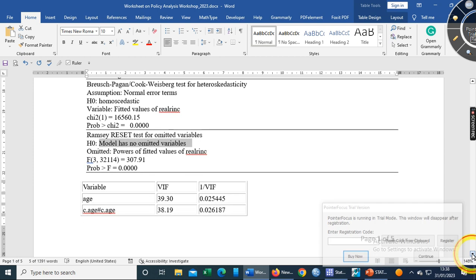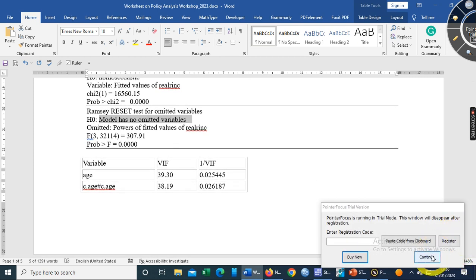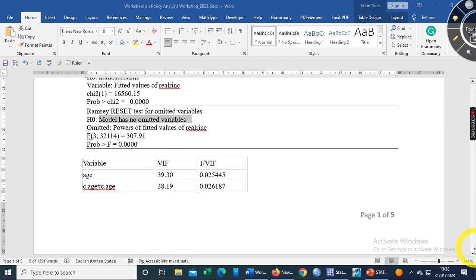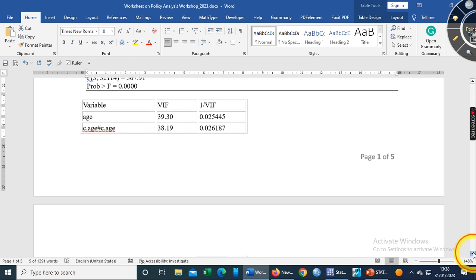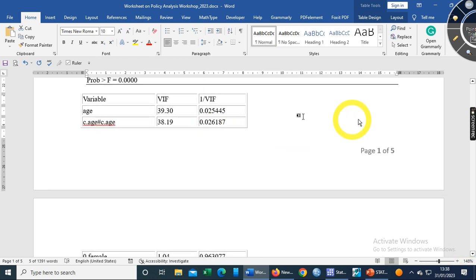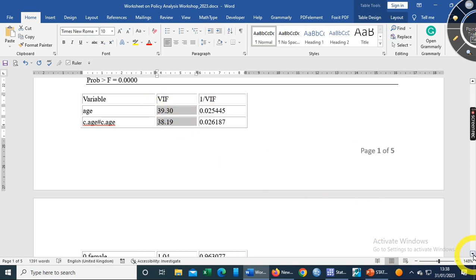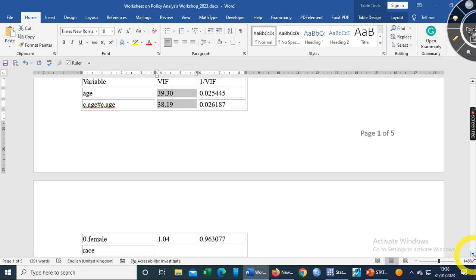Another diagnostic test is for the multicollinearity problem, and we said that if the variance inflation factor is greater than 10, the model has a multicollinearity problem.